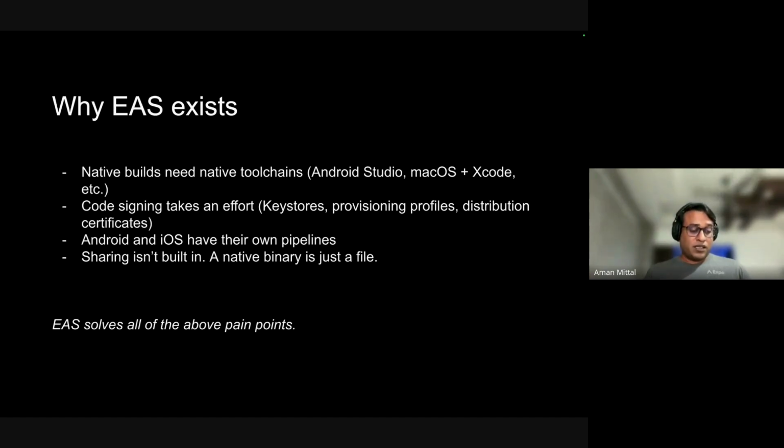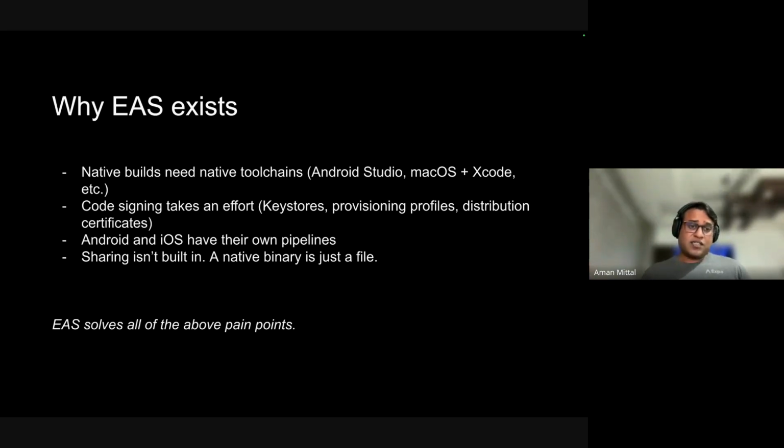The whole idea of EAS is to solve this problem, solve pain points like not using native tool chains like Android Studio or Mac OS. If you're developing on Windows, you don't have access to tools like Xcode, which is required to compile your app for iOS in traditional sense.